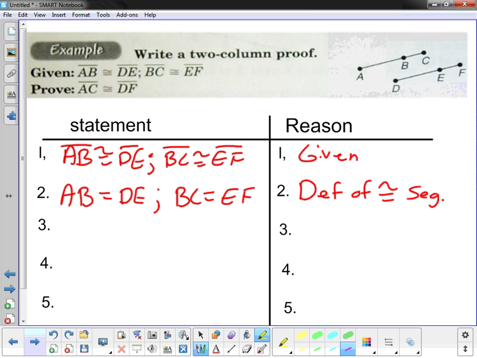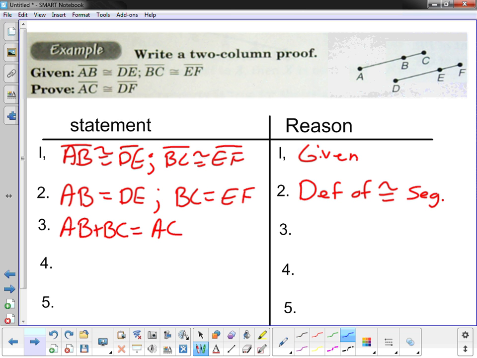Now, step 3, I've got to get somehow all the way up to AC and DF. So I'm going to work on these a little bit, but what I know is when I look at this, I can see that AB plus BC is equal to AC.